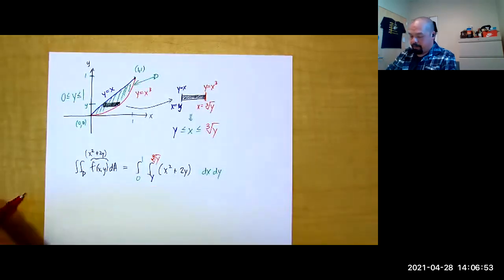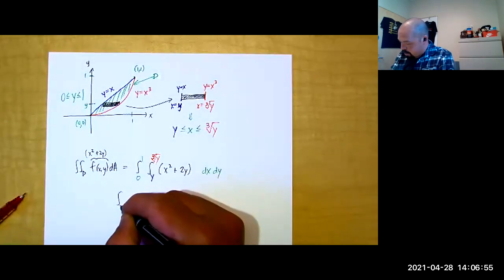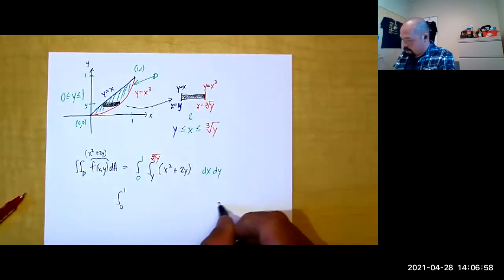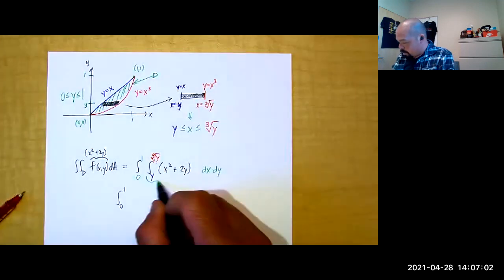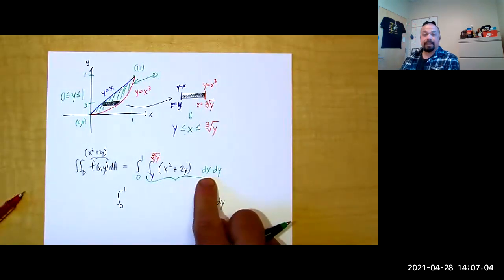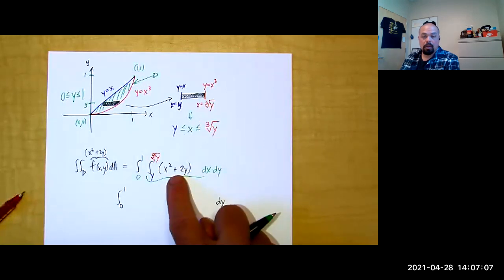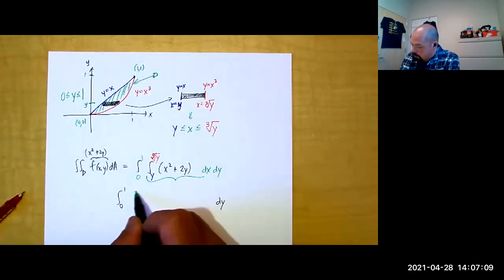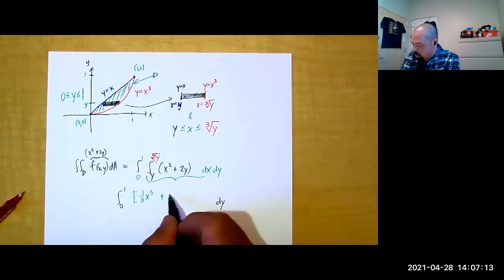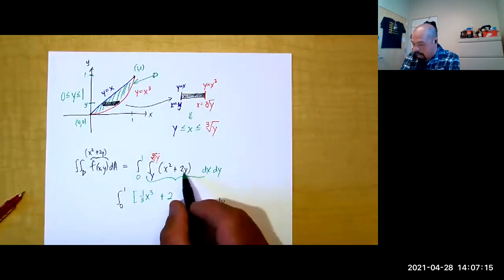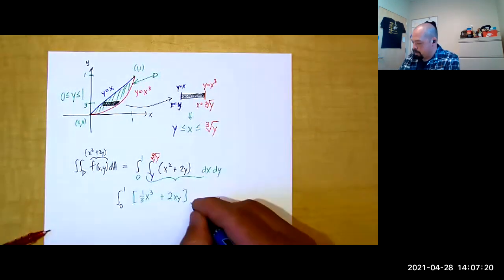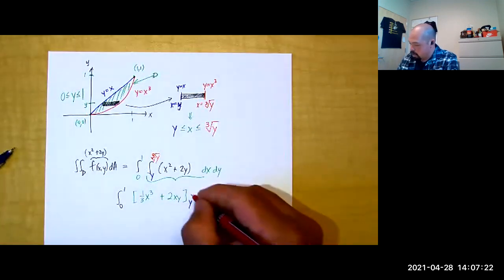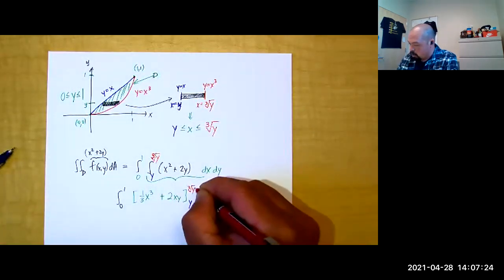So now when we integrate, x is the variable. So we're going to get here 1/3 x cubed plus 2y times x, or xy, evaluated from y to the cube root of y.